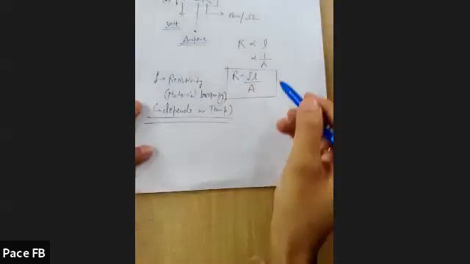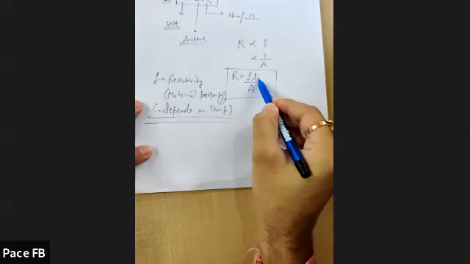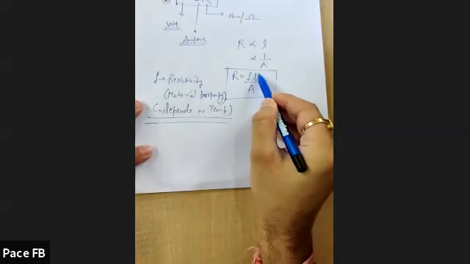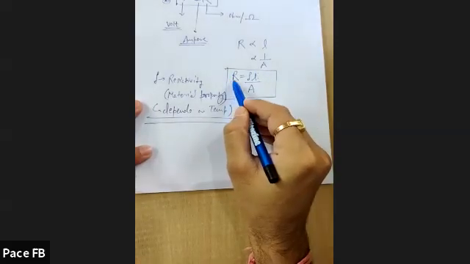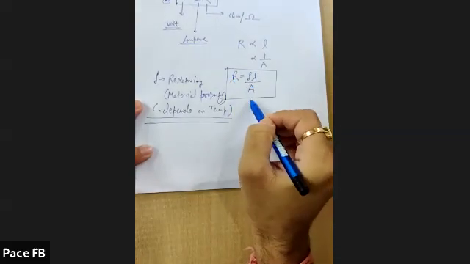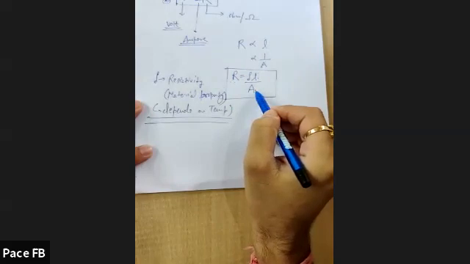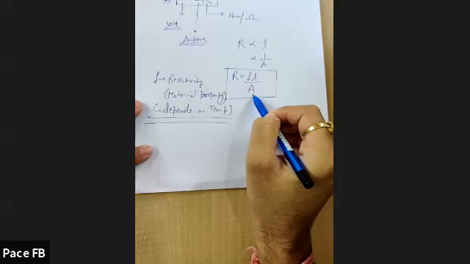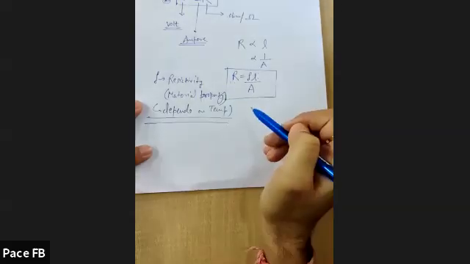So resistance depends on the length of a conducting wire. If we increase the length, then resistance will increase. It is inversely proportional to the area of cross section of a conducting wire. If we increase the area of cross section, then the resistance will decrease.